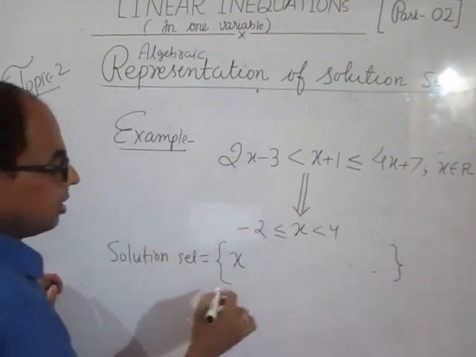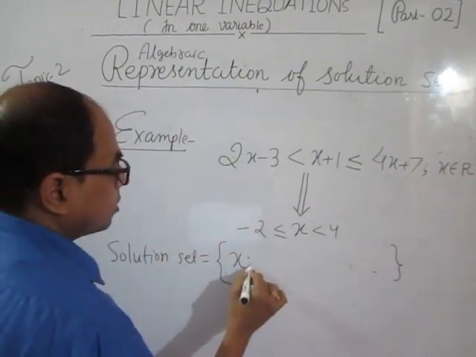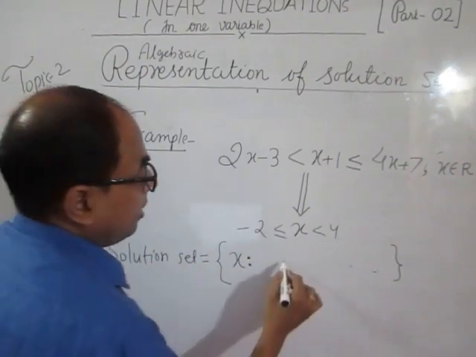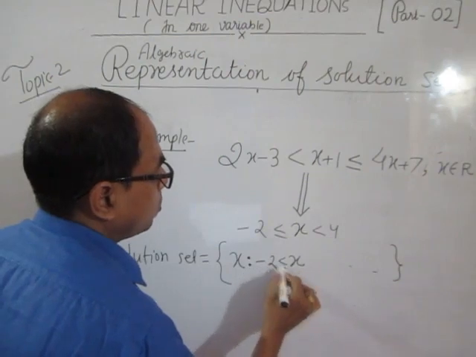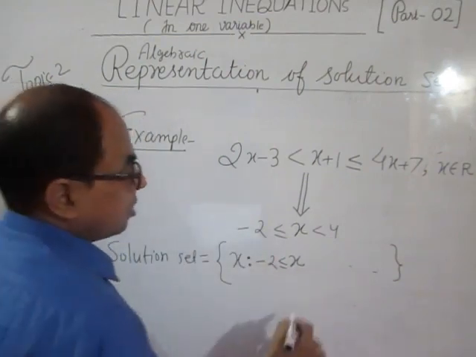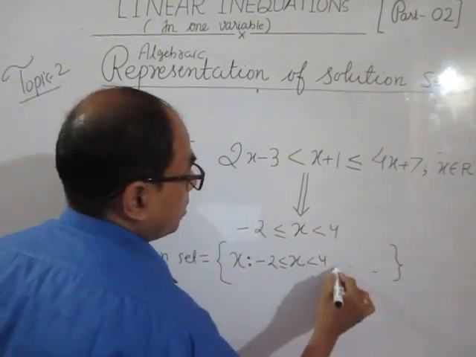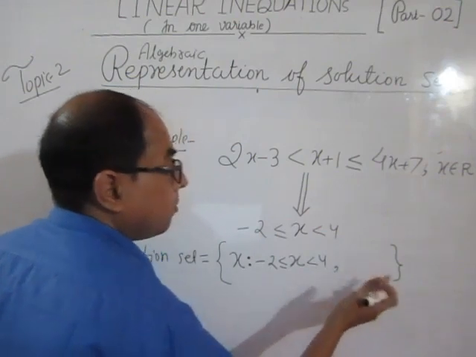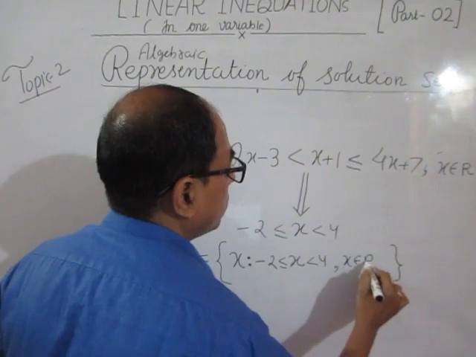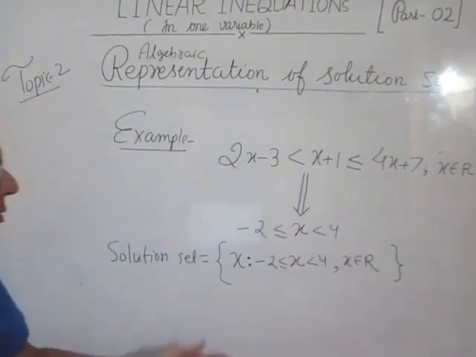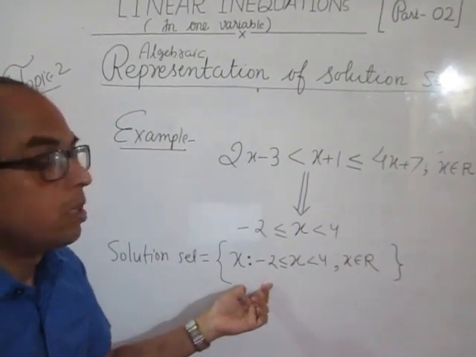Here in this inequation, the variable used is x, such that, this is the symbol for such that, then write the range: x greater than or equal to -2 and less than 4, and then write the replacement set also. x belongs to the set of real numbers. So this way of writing the solution set is called set builder form.